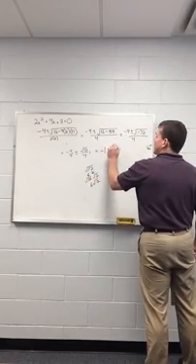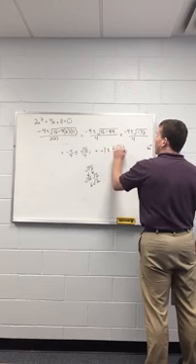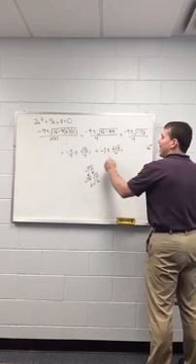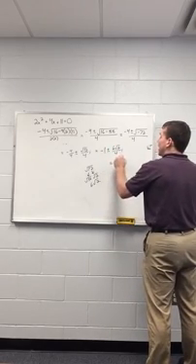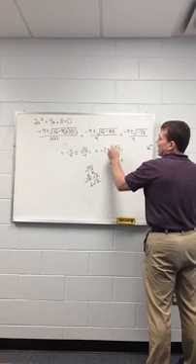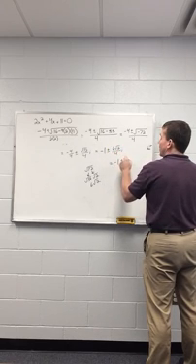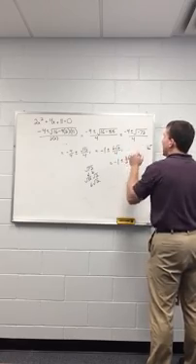So this becomes 6 root 2 all over 4, i. And then I can simplify from there. Negative 1 plus or minus the 6 and the 4 leaves me with 3 over 2 with the root 2 on top, i.